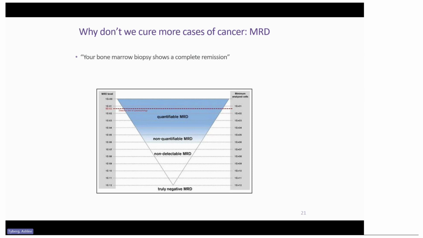We look for this now in different sorts of hematological malignancies because if you're MRD positive, you tend to relapse. It's true for a lot of different blood cancers. And if you get down to an MRD negative in certain blood cancers, then those patients tend to be cured. It doesn't hold true all the time, but it's a good concept. And if you're going to be involved in learning about blood cancers, you've got to understand right now about this minimal residual disease and how to detect it and what it means.